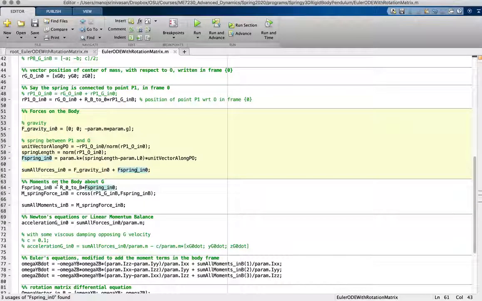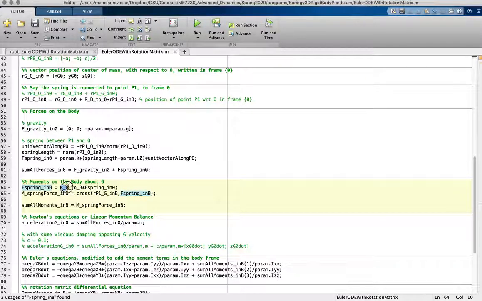We can also compute the moments on the body about point G. This spring force is in frame 0. We can convert it into frame B here, and we do that because we want to compute the moment of the spring force in frame B, because eventually in Euler's equations we are going to write the moments in frame B. So we're going to compute the moments in frame B, for which we need to write the moment arm, or P1 with respect to G in frame B, and then also write the spring force in frame B, which is what we did here.